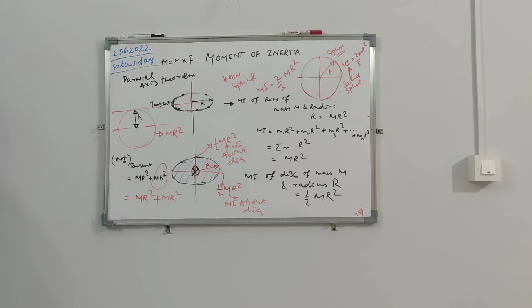You can check what the formula actually is. There looks to be a confusion here. In the book you will see, let us say this is my disk.